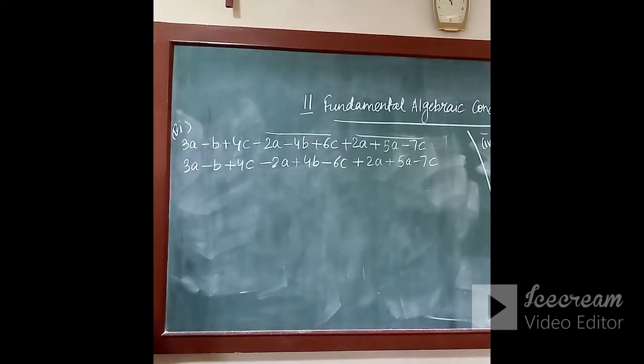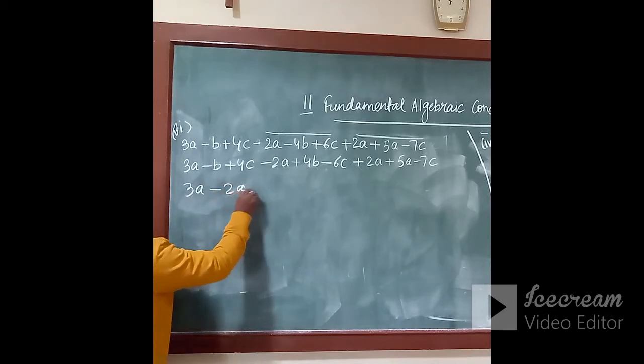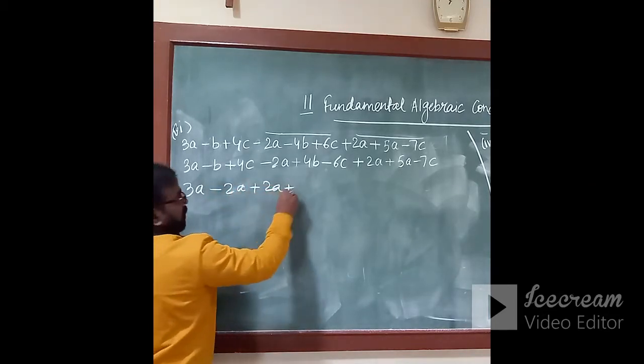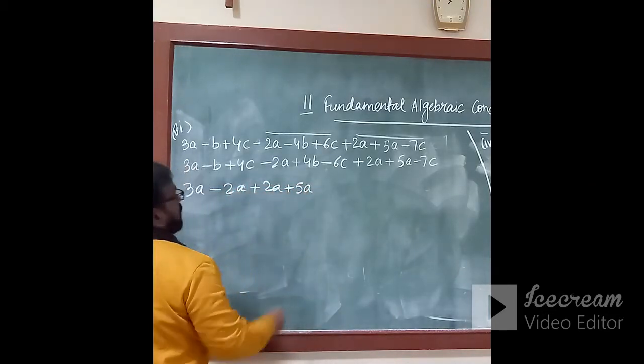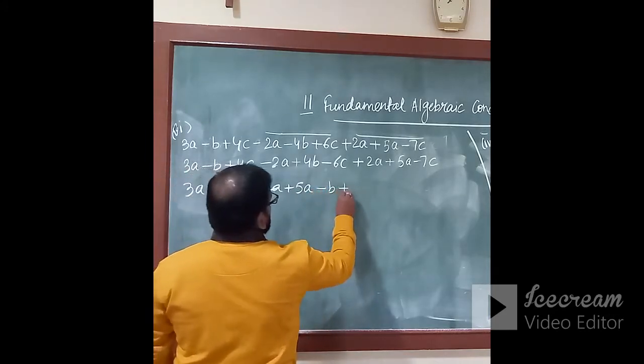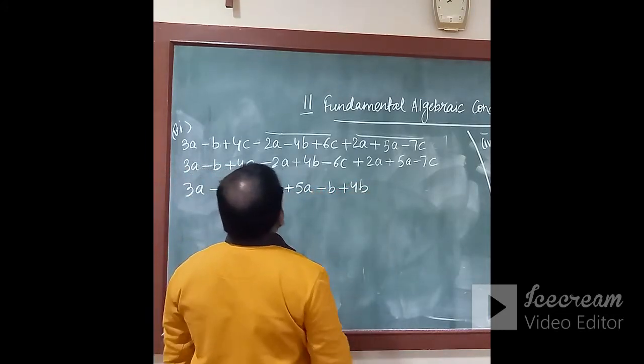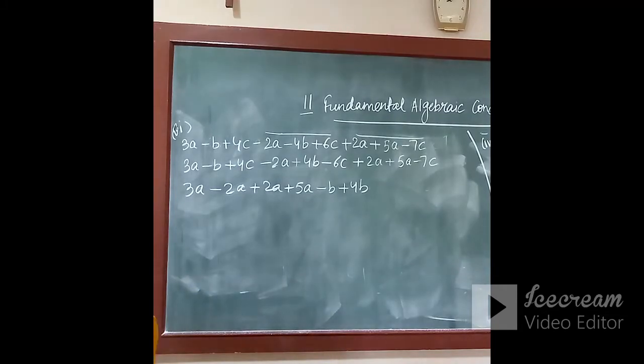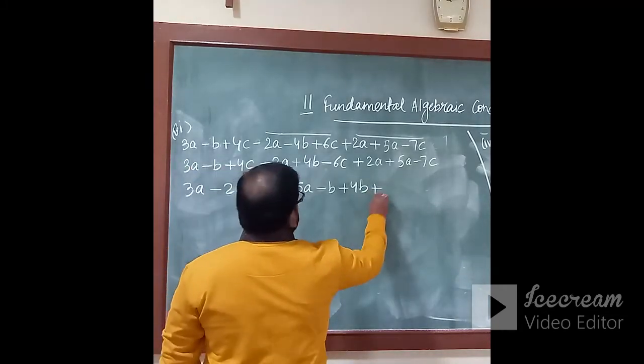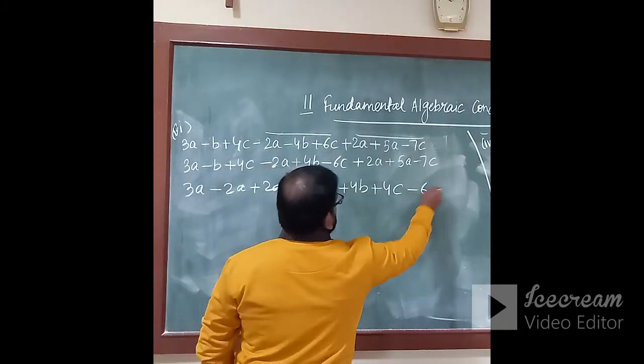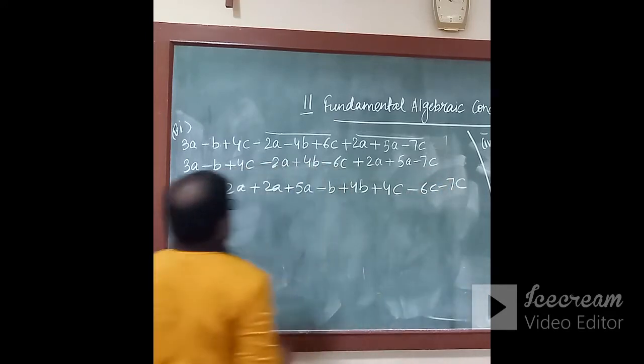Now we will write all the like terms together. Okay, this is all a's, then all the b's, okay, then all the c's. 4c minus 6c minus 7c.